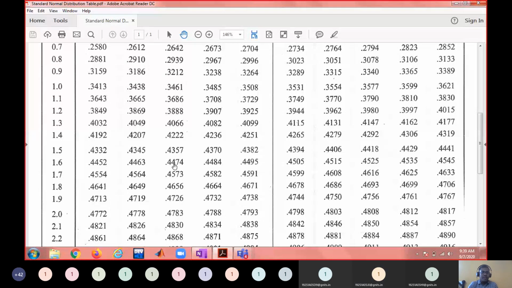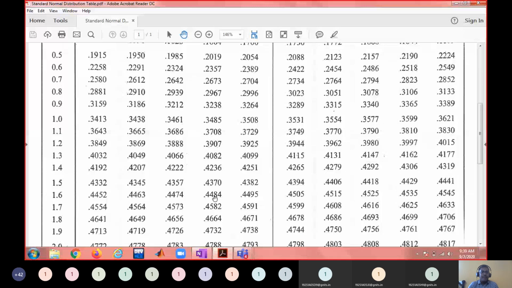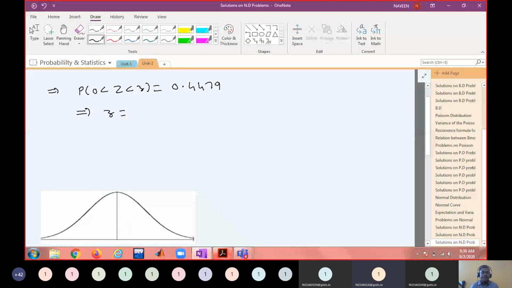This is 1.62, the other one is 1.63. So the average of 1.62 and 1.63 is 1.625. Okay, so that is how we'll be finding the z values.